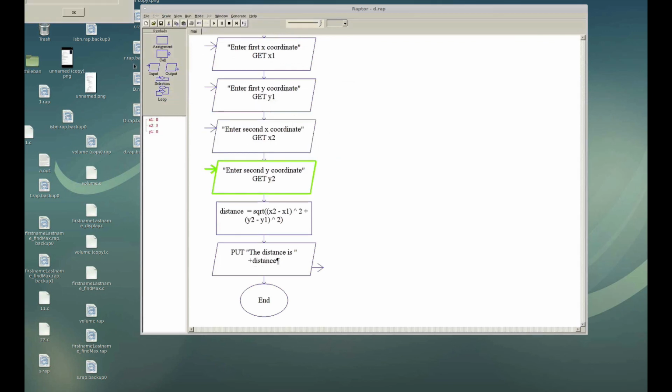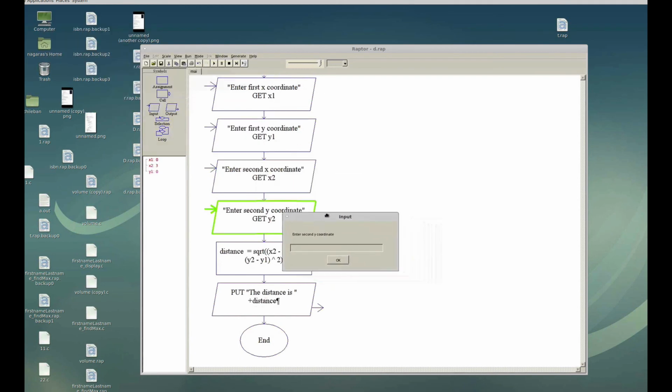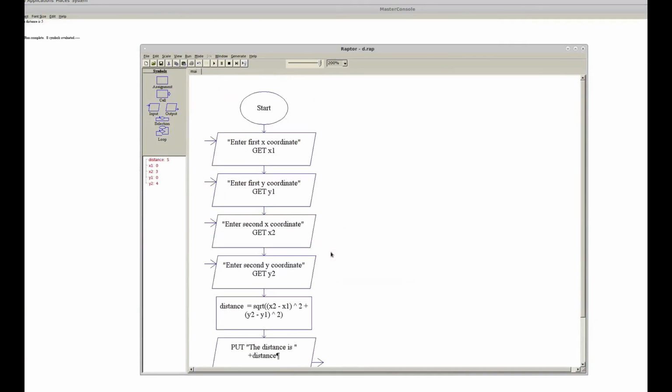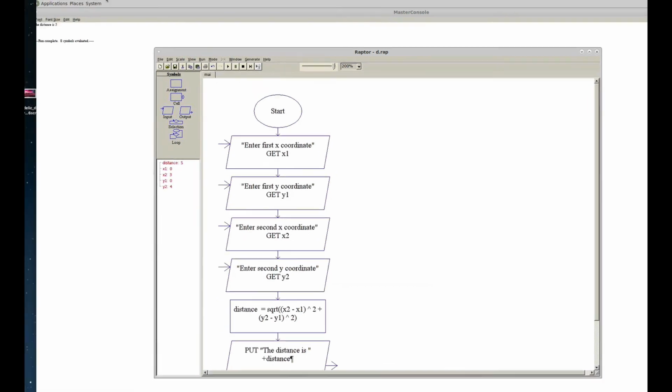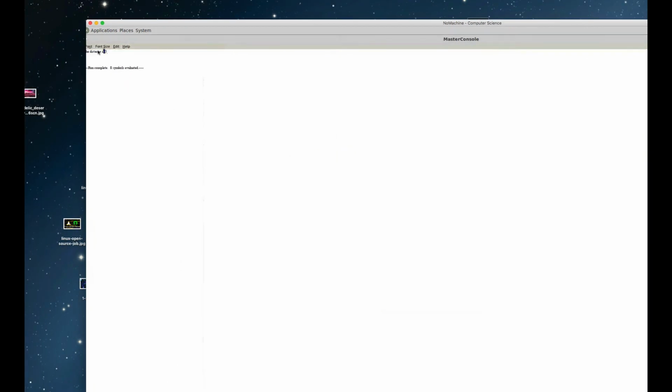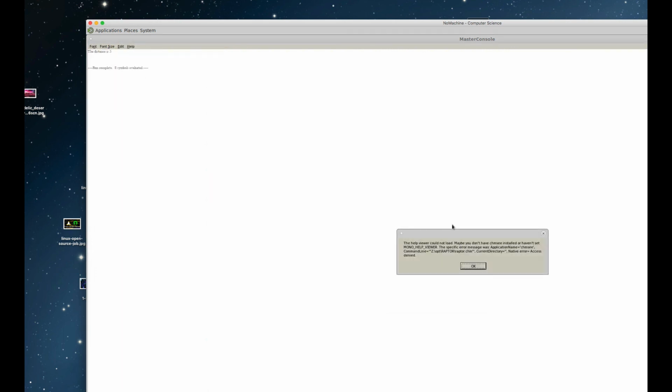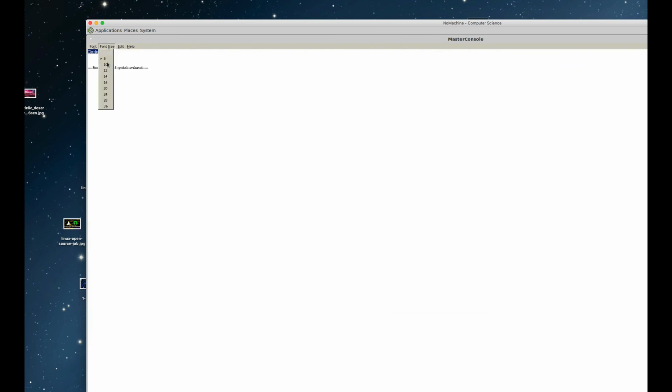And then second y coordinate, that one was 4. And finally it says the distance is here. Let me increase the font size so you can see it. So the distance is 5. See, and that's how we do that.